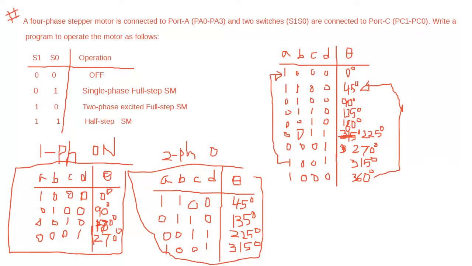This is also full step because the step angle is 90 degrees, and this one is called half step mode, or half step excited mode.